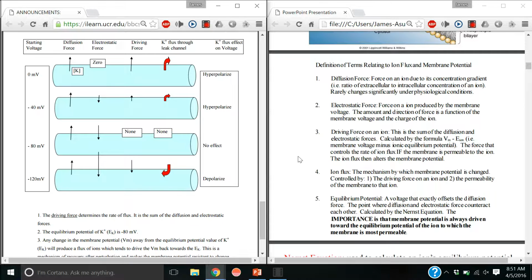The question is, at those different voltages, what happens to the flux of potassium through the potassium leak channel? That's what's shown in red.